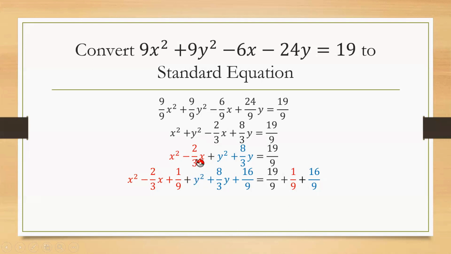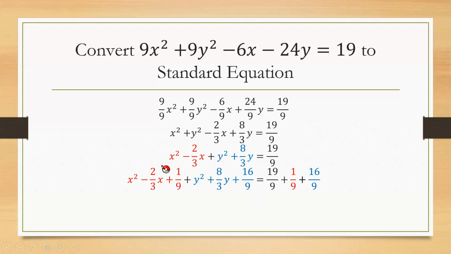So for our x's here, it's negative 2 over 3 divided by 2. And then you square that, you get 1 over 9. For our y's, 8 over 3 divided by 2 squared. If we do that, we get 16 over 9.